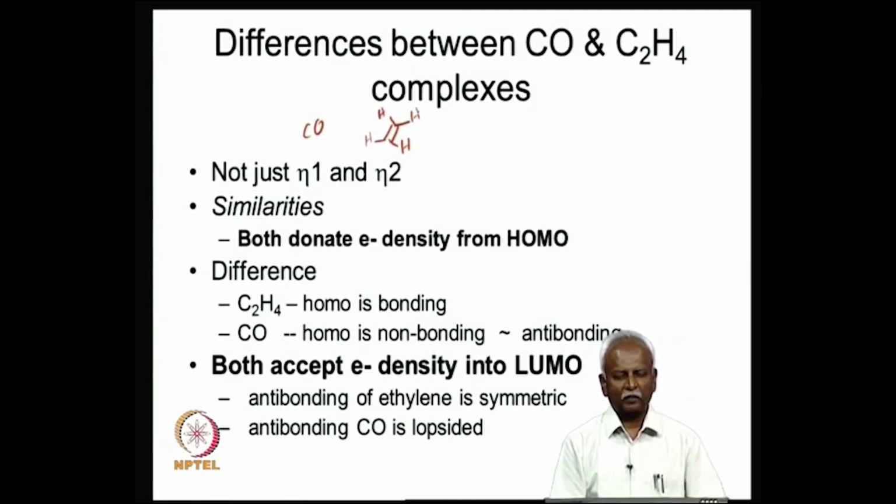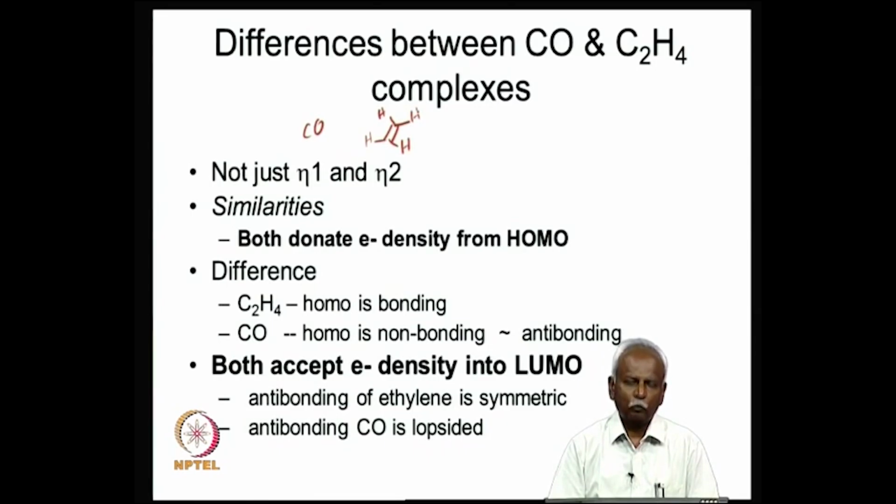In terms of electron density donation from the HOMO, probably ethylene is a little better than carbon monoxide. HOMO in ethylene is bonding. So, when you remove electron density from the HOMO, it weakens the carbon-carbon bond. So, both carbon monoxide and ethylene accept electron density into the pi star orbital. So, this weakens the ethylene carbon-carbon double bond.